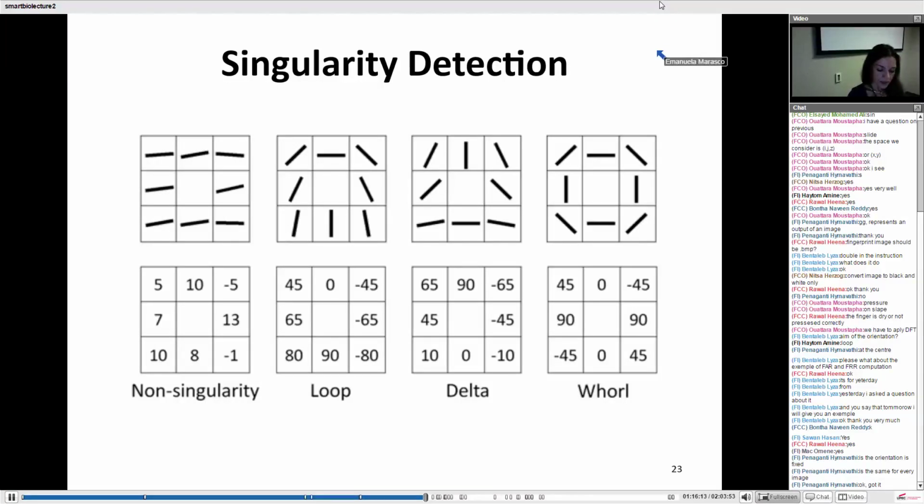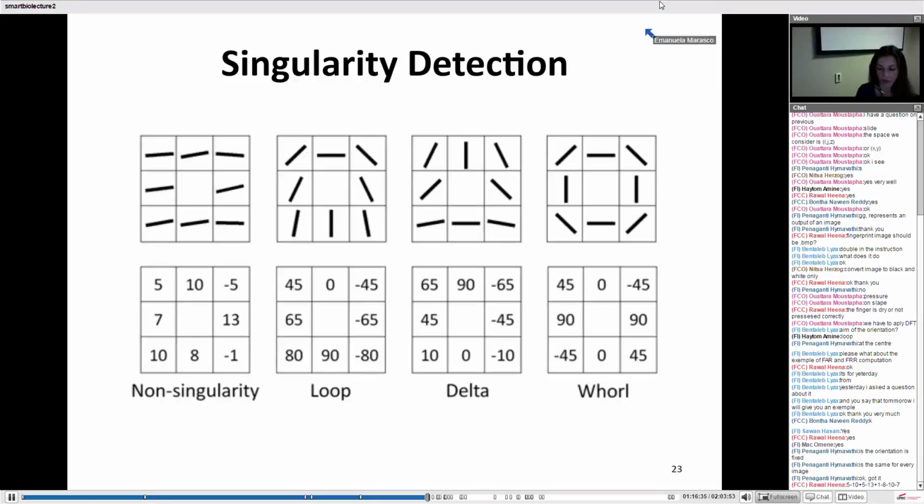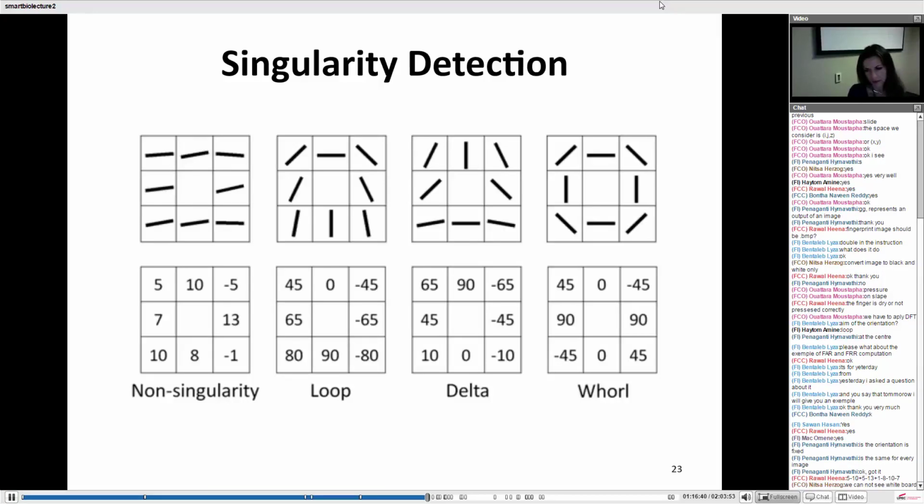We have this neighborhood here, and I want to write down the values because I'm going to change the slide. So we will use the whiteboard. It's 5, 10, minus 5, 13, minus 1, 8, 10, and 7. These are the values of the orientation for the adjacent pixels.